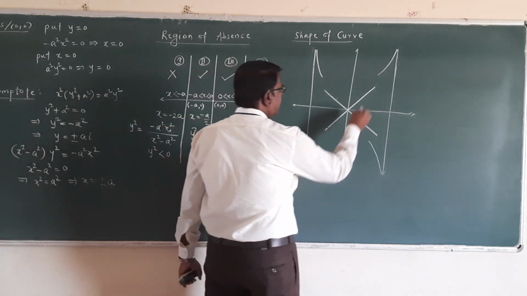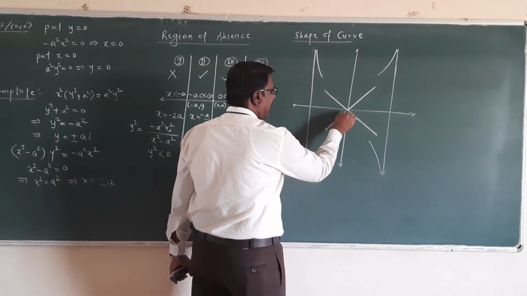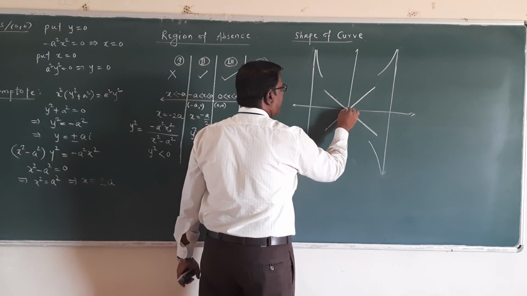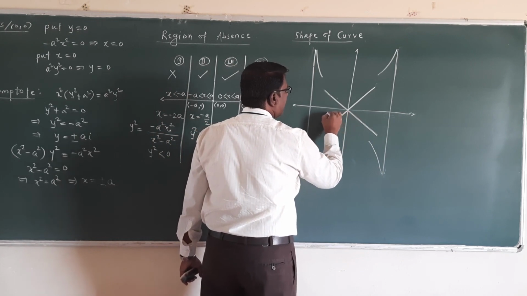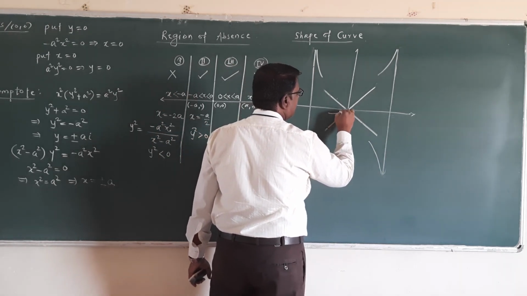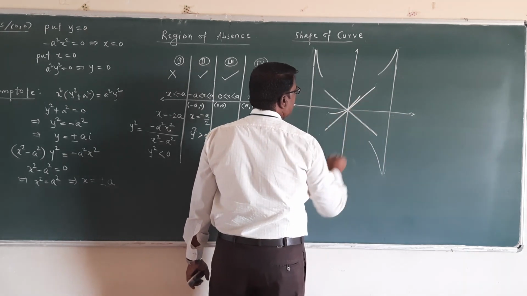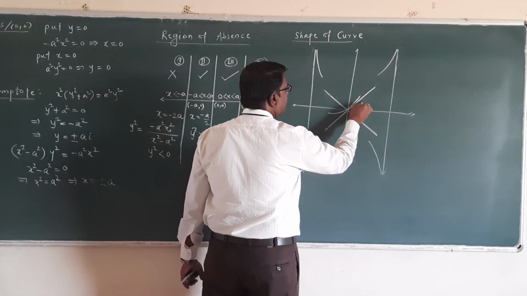Again, as this line is tangent at the origin, the probable curves are like this. Again on this side also.